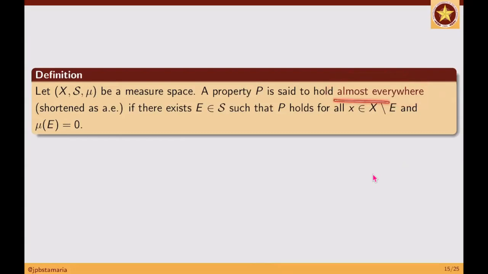It's sometimes abbreviated as a.e., almost everywhere, if there exists a measurable set E such that P holds for all x outside E and the measure of E is 0.